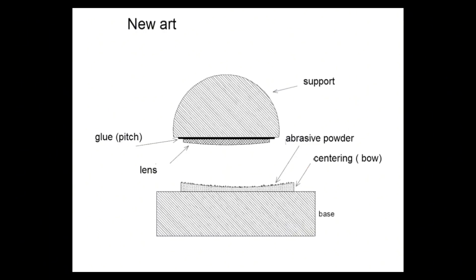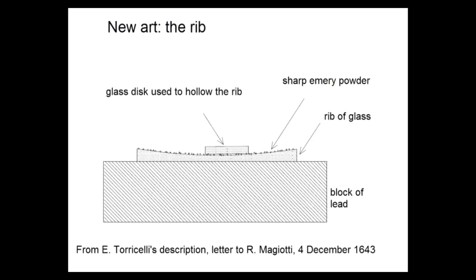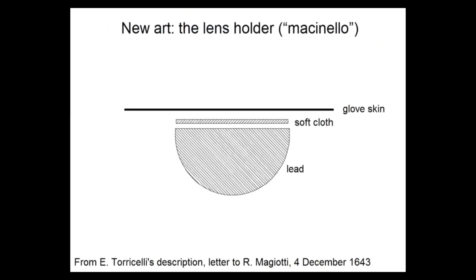How they achieved making this curvature is unknown. This is another method using a support for the lens. Different abrasives are used, starting from the largest abrasive to the smallest emery powder. And this process actually generates the curvature of the lens.